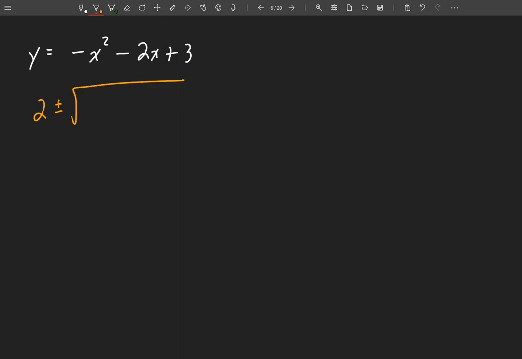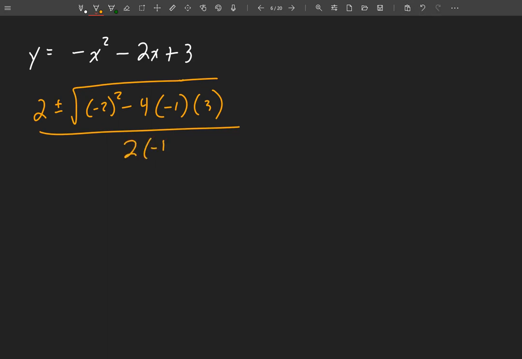Okay, the square root of b squared, that's negative 2 squared, minus 4 times a. A in this case is different from what it has been. It's negative 1. And then times 3, all over 2 times negative 1. Oh, my board's not working. Hang on. All right, let's keep going.